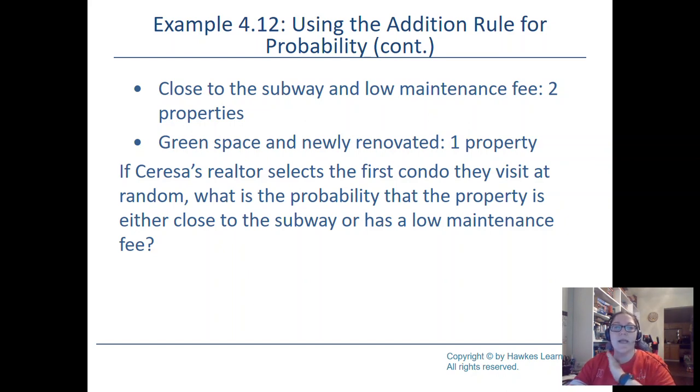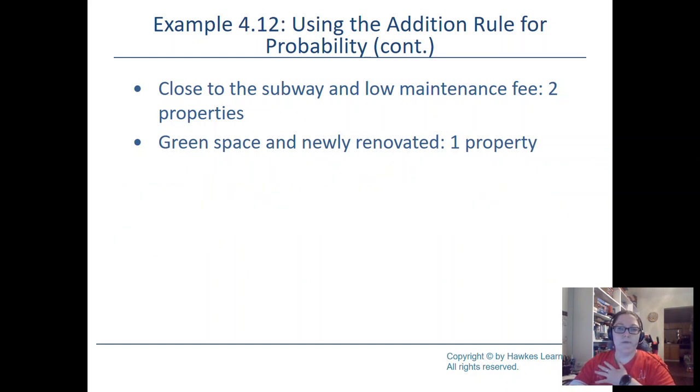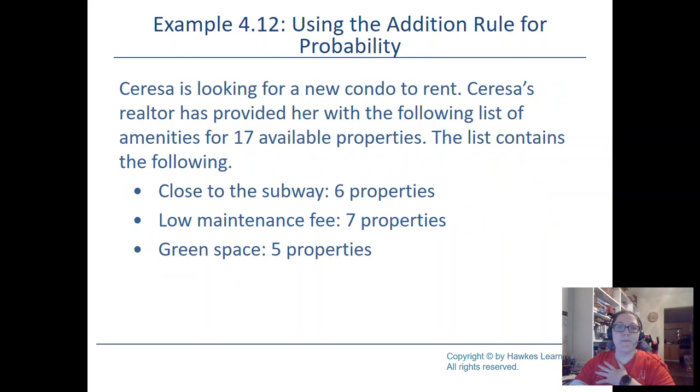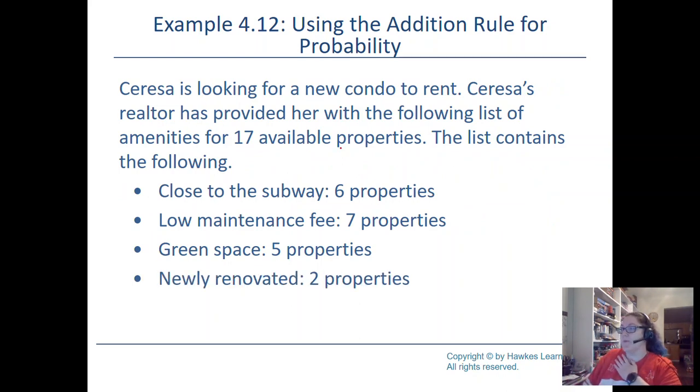Now, this is where, again, I want to go back and review just one or two things. How many properties are there total? There are 17 properties. But remember, some of these properties can have multiple amenities. So if you start adding up 6 plus 7 plus 5 plus 2, you'll notice that you get above 17 very quickly. So that doesn't really help me out.